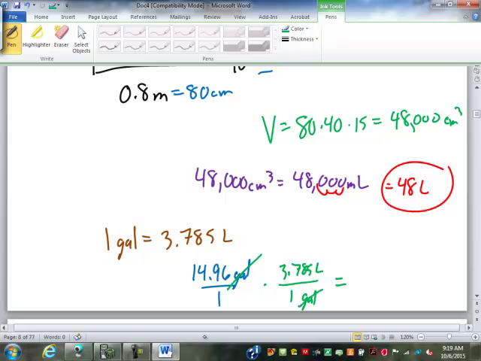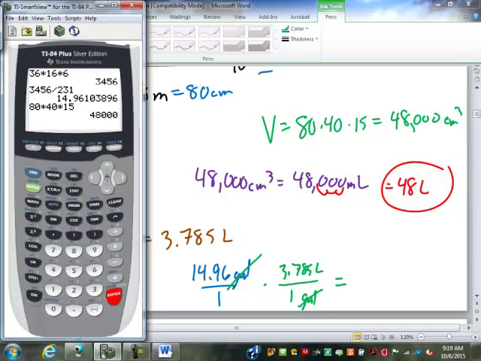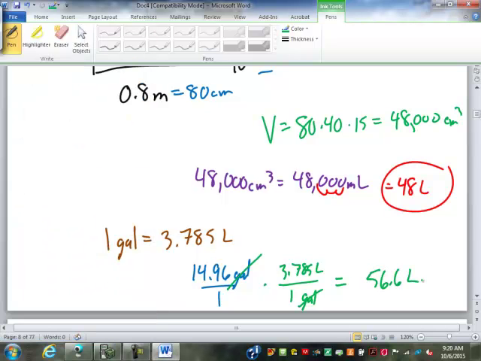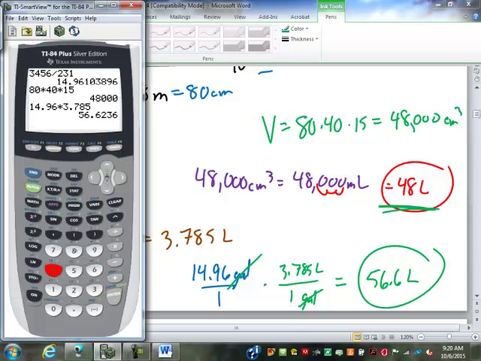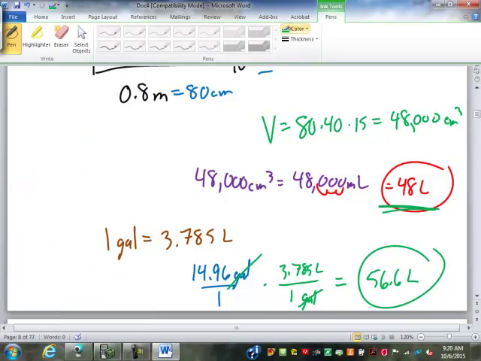So the gallons cancel out. I am doing 14.96 times 3.785. That's 56.6 liters. So that 15-gallon tank is still quite a bit bigger than the 48-liter tank. That 48-liter tank, if I wanted to convert backwards, is only 12 and 3/4 gallons.